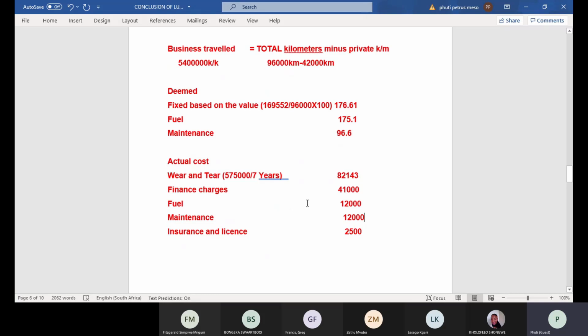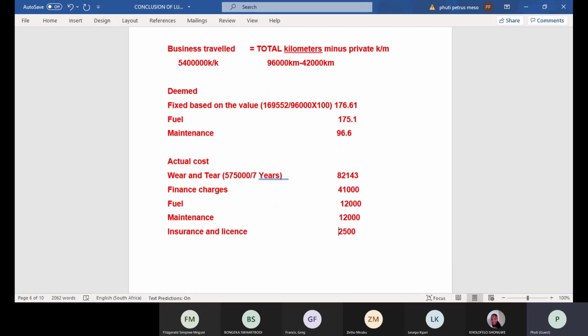Right, you're going to add them together and get your total. The first one is 82,143 plus 41,000, and then you add the 12,000.